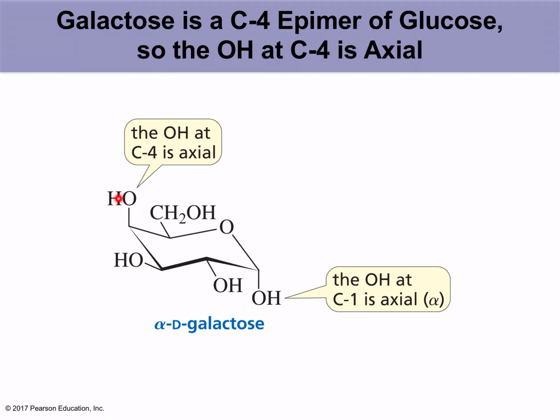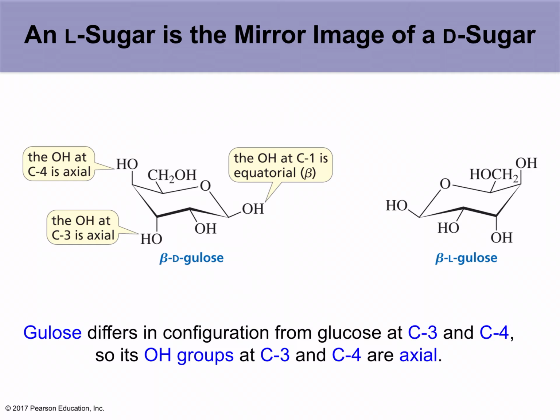So one group is facing up, which generates 1,3 diaxial interactions, making it less stable compared to glucose. So the OH at C4 is axial. And this is glucose.